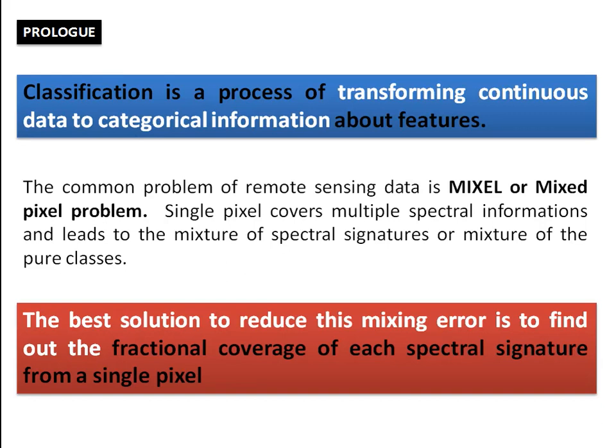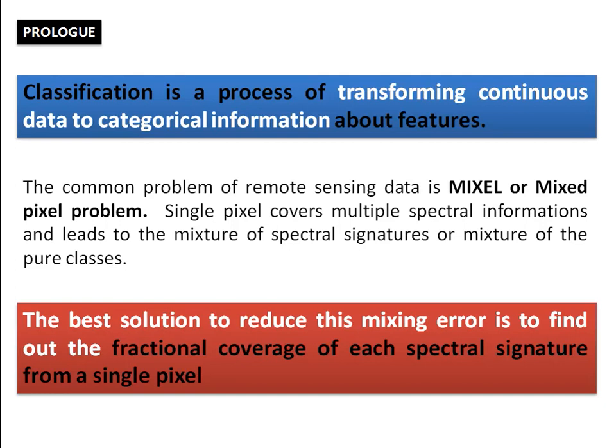Suppose the image radiometric resolution is 8 bit, then as per this 8 bit the pixel value will be something, and the same pixel value will be increased or decreased if the radiometric resolution is 16 bit or 4 bit respectively.